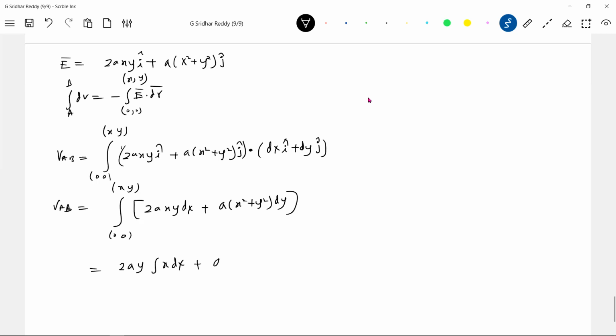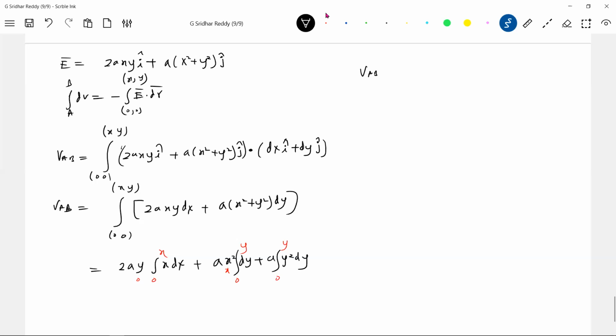Then we have integrated, and now we are at ax squared dy, ay squared dy. When we are integrating, we have to take care about the limits. So what are the limits here? This will be 0 to x. Already I integrated, so the value of x here will be x. This will be 0 to y. First I'm going to integrate this one.